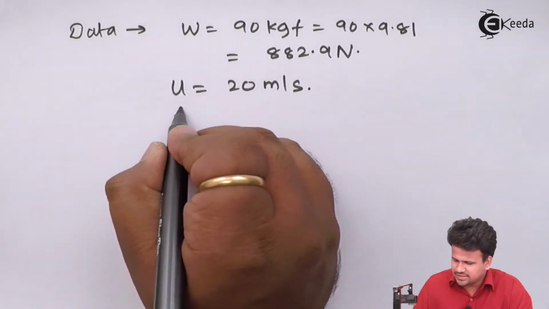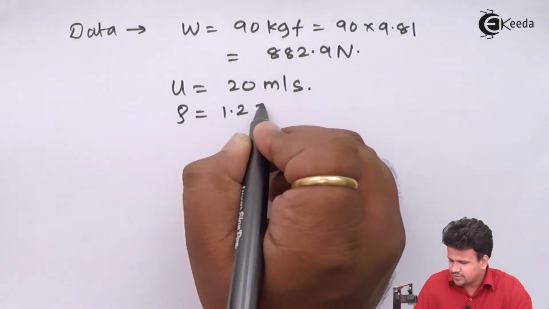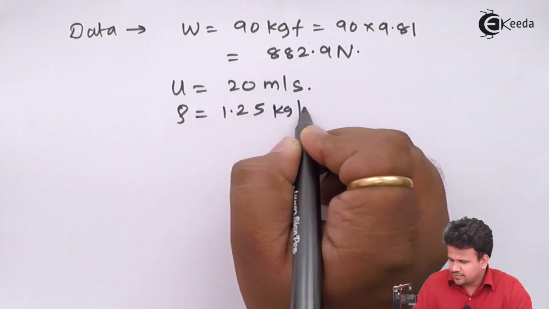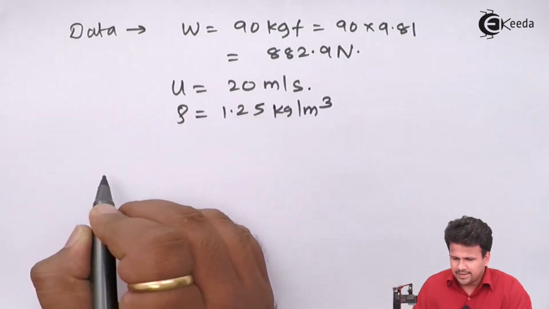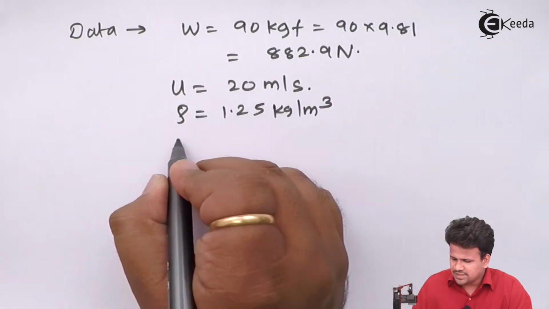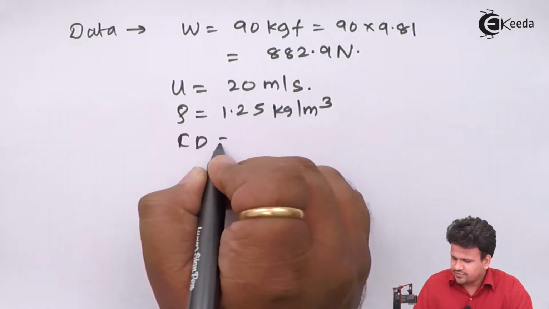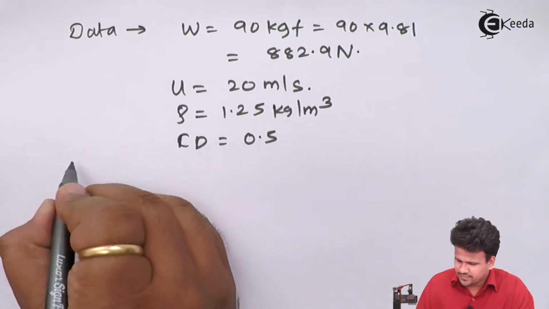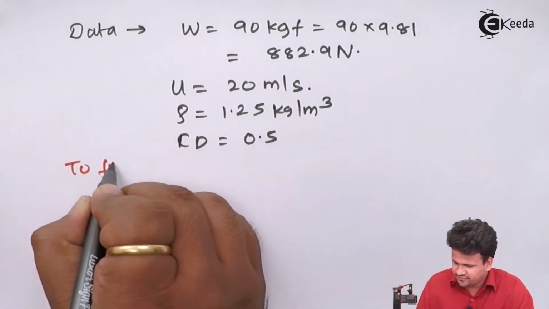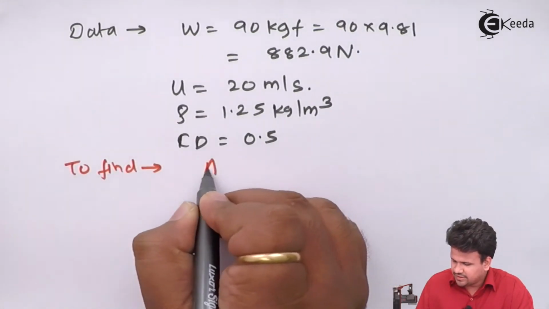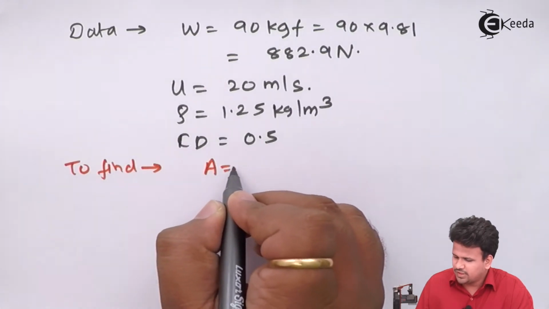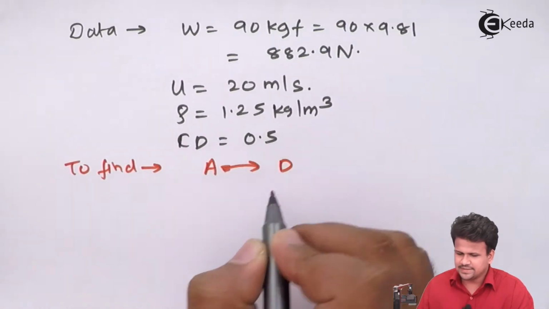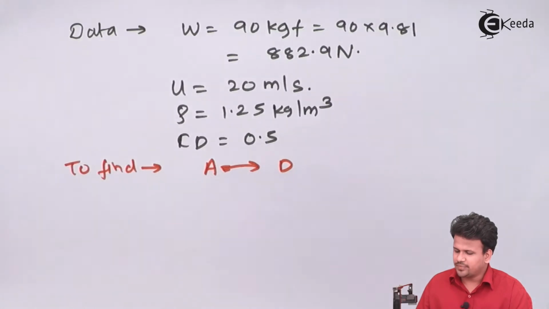Next is the density of air, that is 1.25 kg per meter cube, and next we are given the coefficient of drag, which is 0.5. We have to find the area of cross section, and from the area of cross section we'll get the diameter of the entire part.